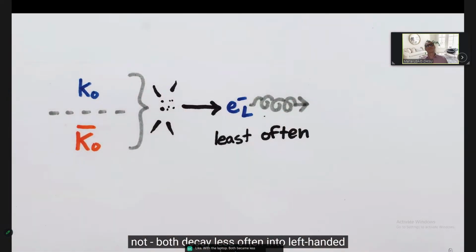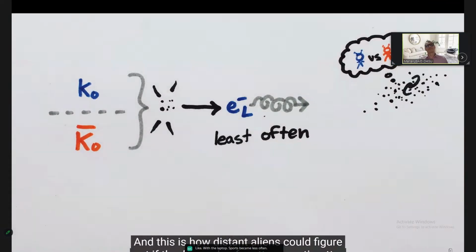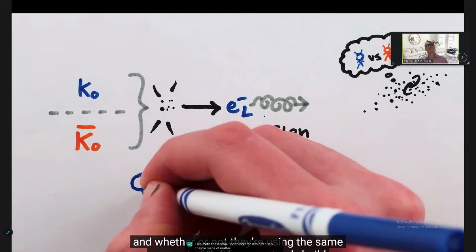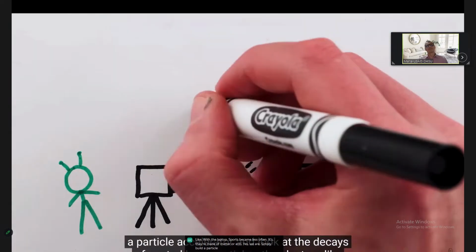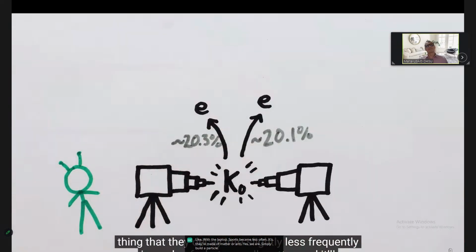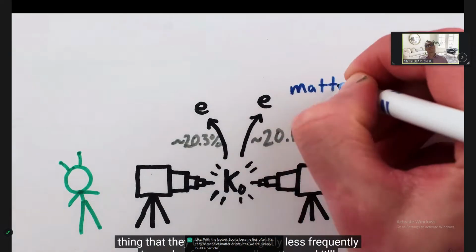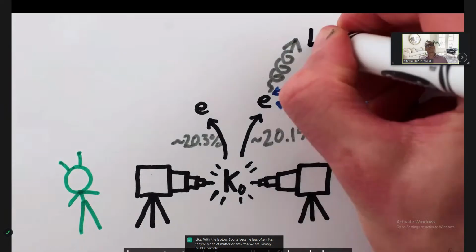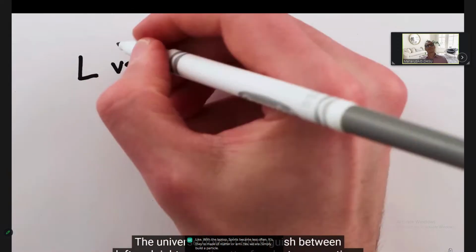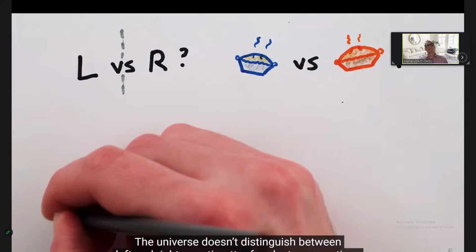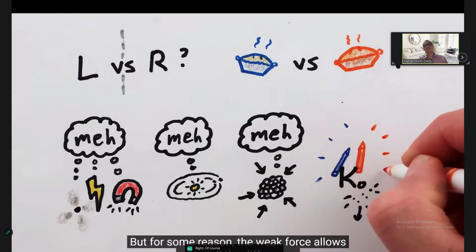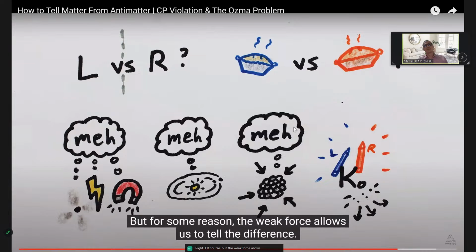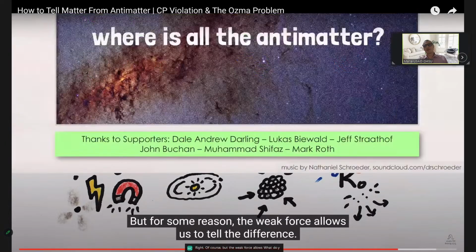Space decay with aliens can figure they're made of, and it is we simply build, and the weak force allows. What do you think? Do you understand?